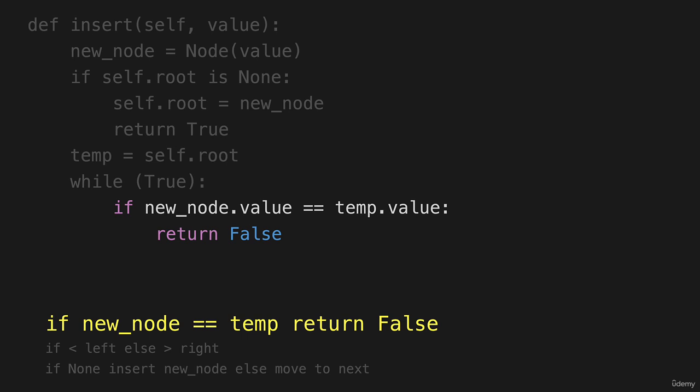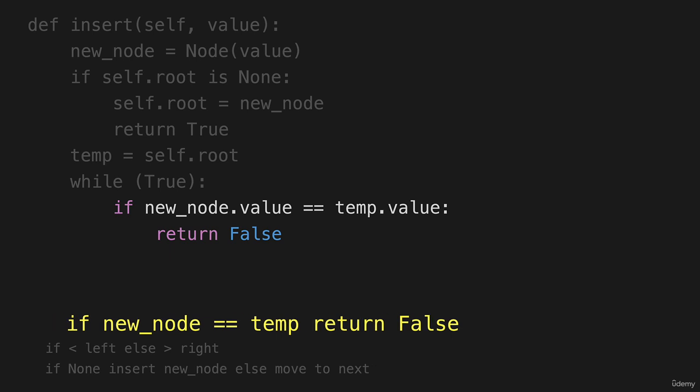If new node dot value, and it's important that you not just say if new node equals temp, you have to say new node dot value and temp dot value because we're comparing the values. If they are ever equal while we're running through the while loop, we're going to return false. So now we can remove this.